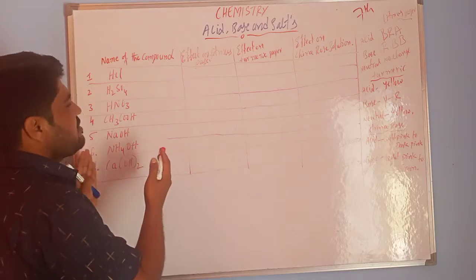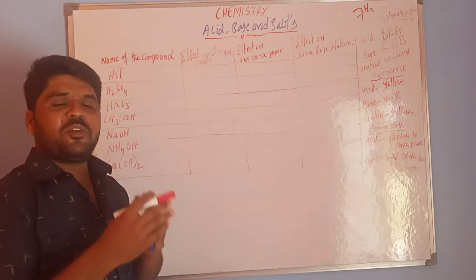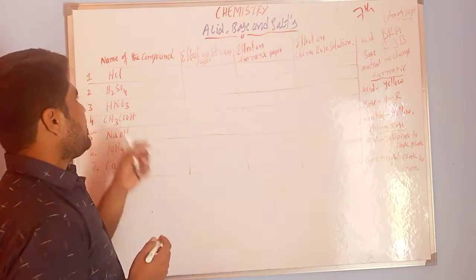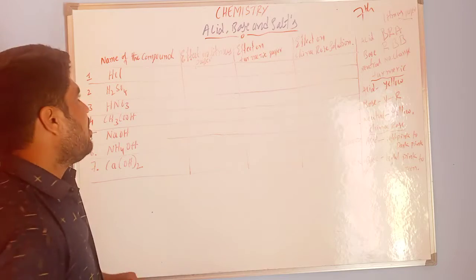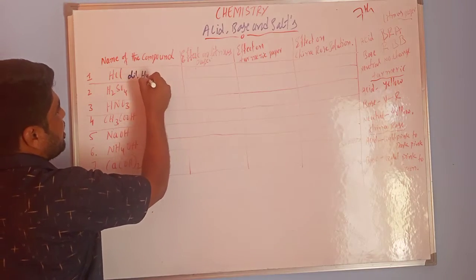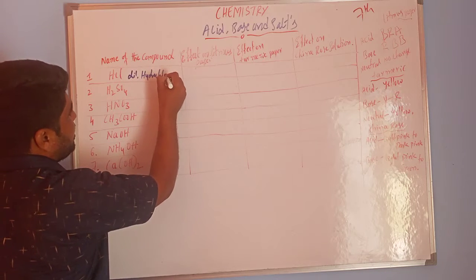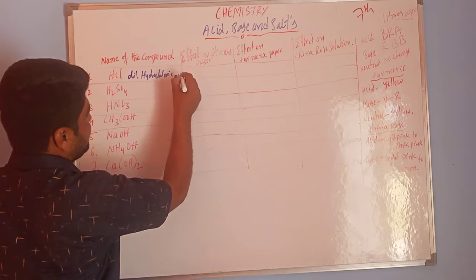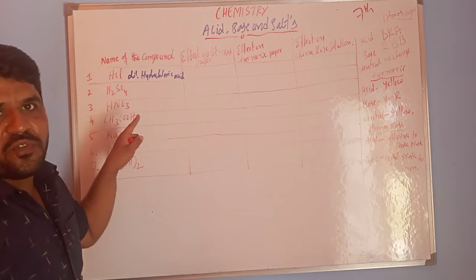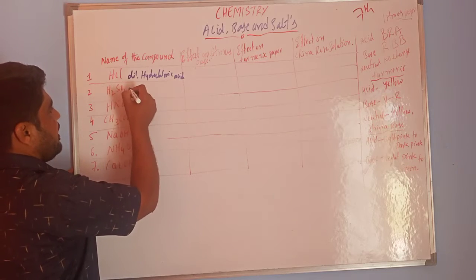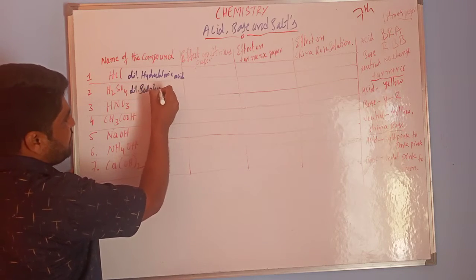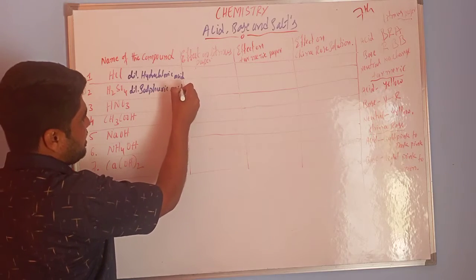In the laboratory we have some chemicals. The first chemical is HCl, that is dilute hydrochloric acid. H2SO4 is dilute sulfuric acid.